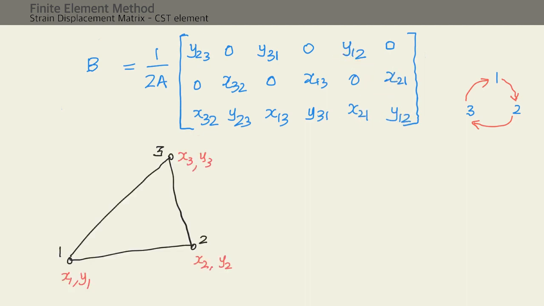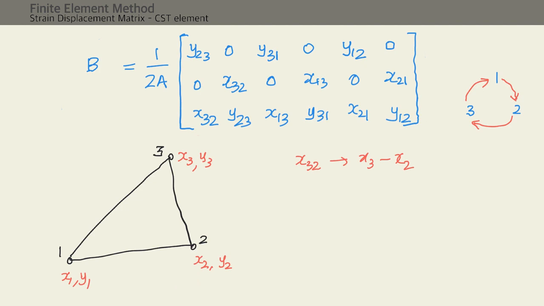Also remember that these terms are notations. Say for example, x32 means x3 minus x2, and x3 and x2 are the coordinates of your triangular element. So x3 you can get from the x coordinate of the third node, and x1 is the x coordinate of the first node, x2 is the x coordinate of the second node.